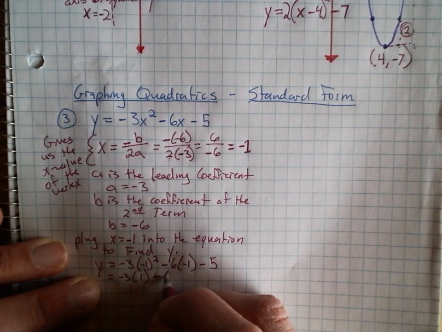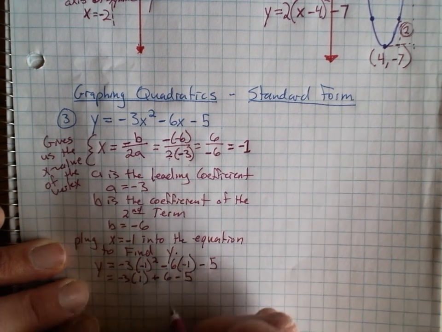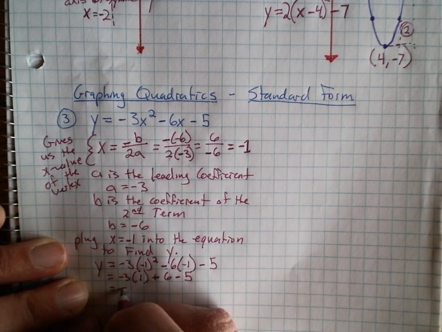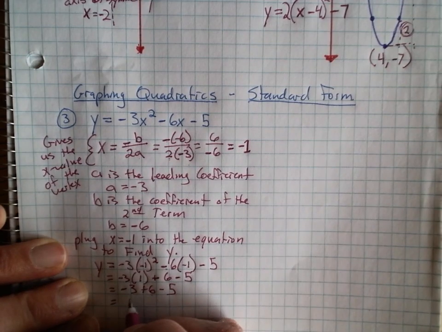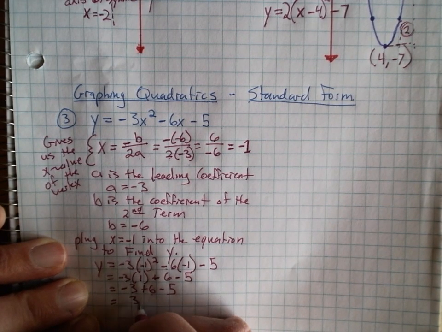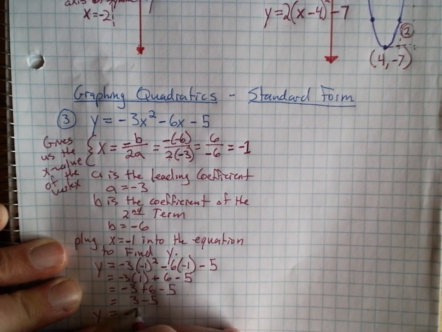This is going to be plus 6, because -6 times -1 is a positive 6, minus 5. -3 times 1 is -3 plus 6 minus 5. -3 plus 6 is going to be 3 minus 5. And guess what? Y is going to equal -2.